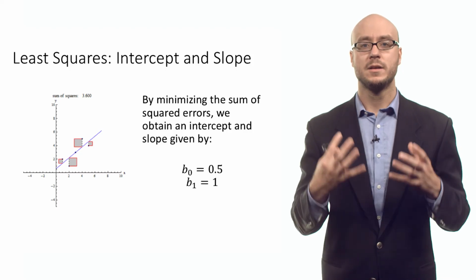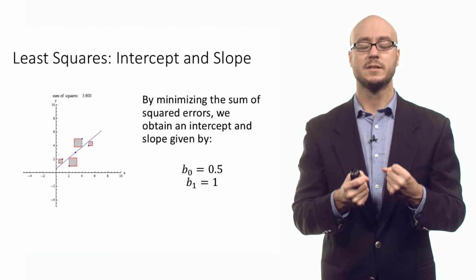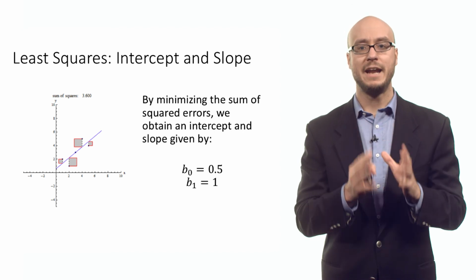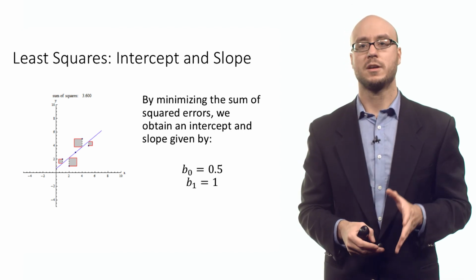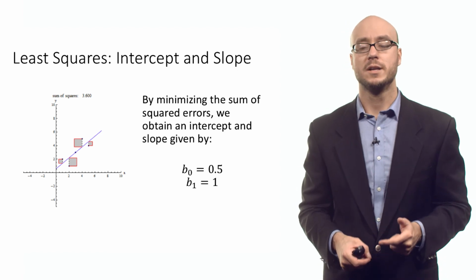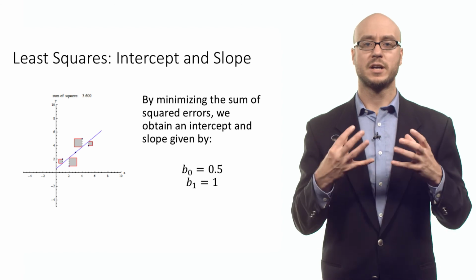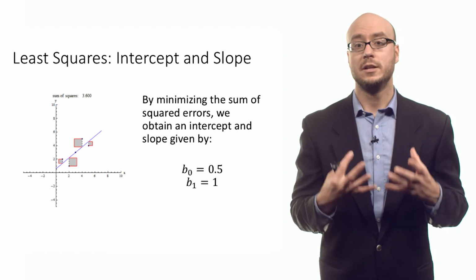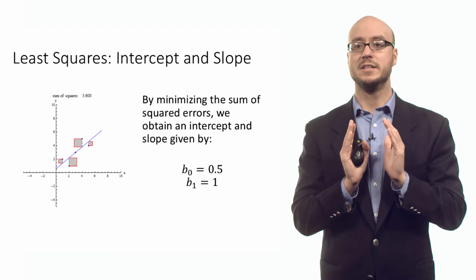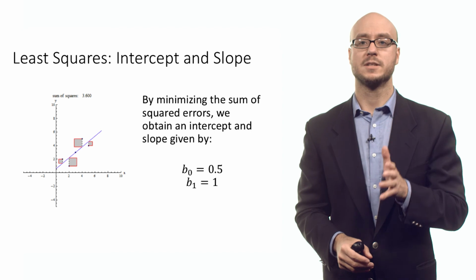So when we run the least squares method, when we try to find a line by minimizing the sum of the squared errors, by trying all these possible candidates, we obtain an intercept and slope with these particular values. The intercept is 0.5 and the slope is 1. So for the least squares method, you can use calculus or visualization, but conceptually, all you really need to know is that by minimizing the sum of squared errors, we get these two particular estimates for the intercept and slope.